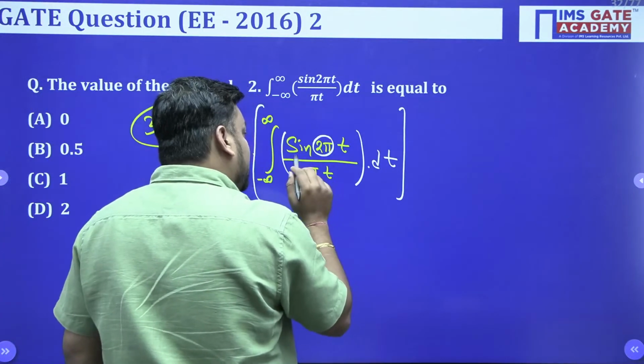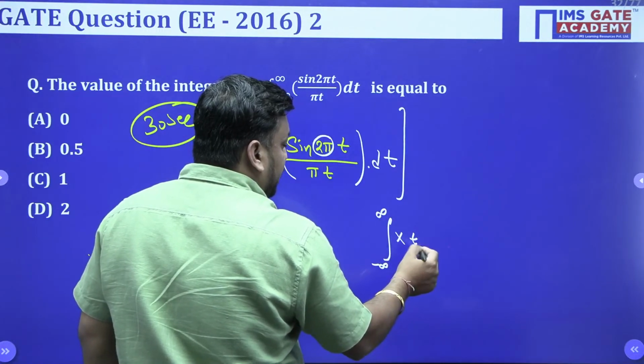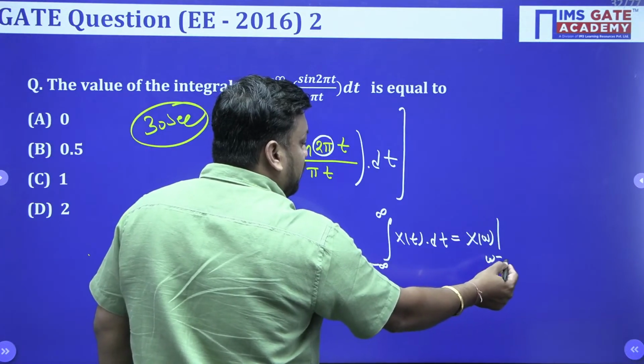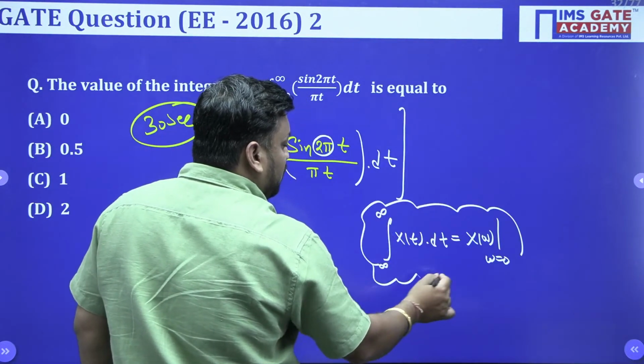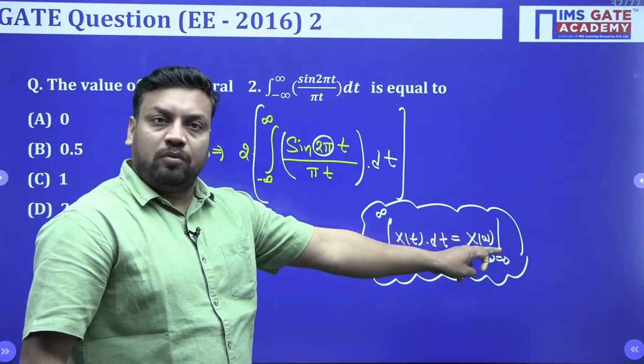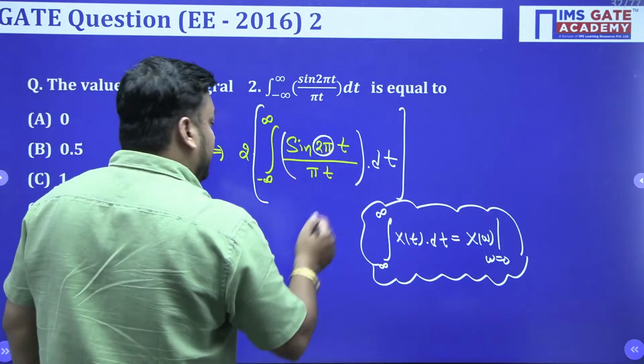This property says that the integral from minus infinity to infinity of x(t) dt is nothing but X(omega) at omega equal to 0. It means if you want to find the area of x(t), you just need to calculate the Fourier transform of x(t) and put omega equal to 0. So tell me what is the Fourier transform of sine of 2t upon pi t.